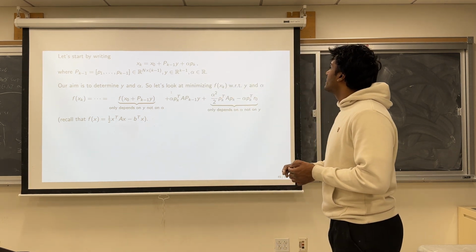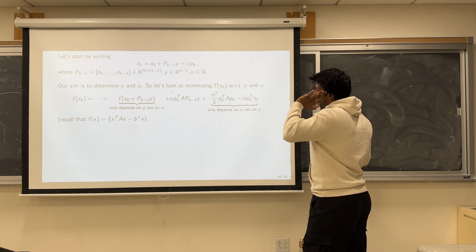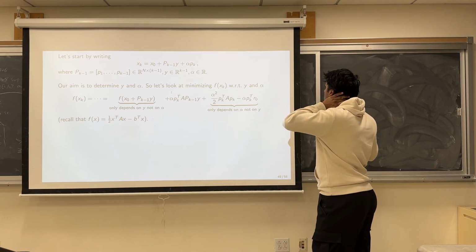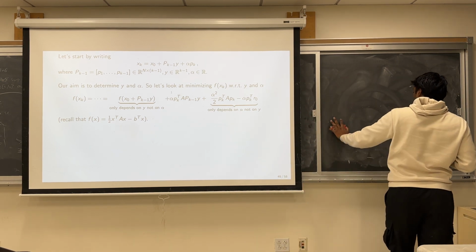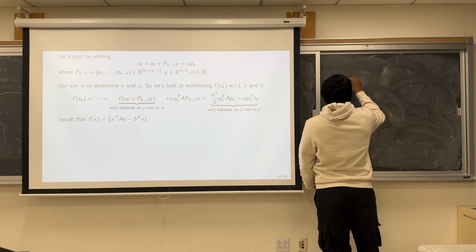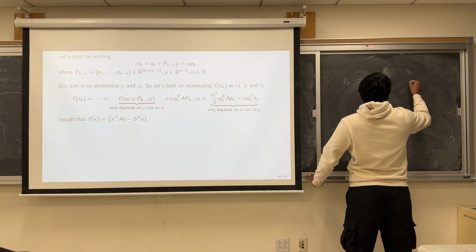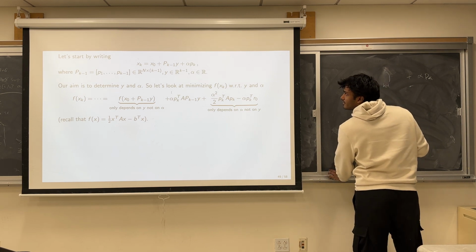So let us start by writing xk. I write xk as x naught plus some combination of the first k minus 1 directions and then the kth direction, right?